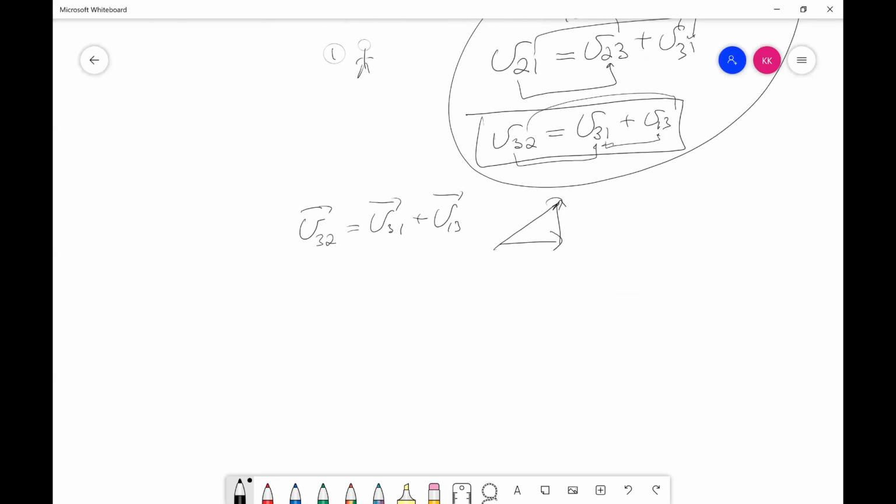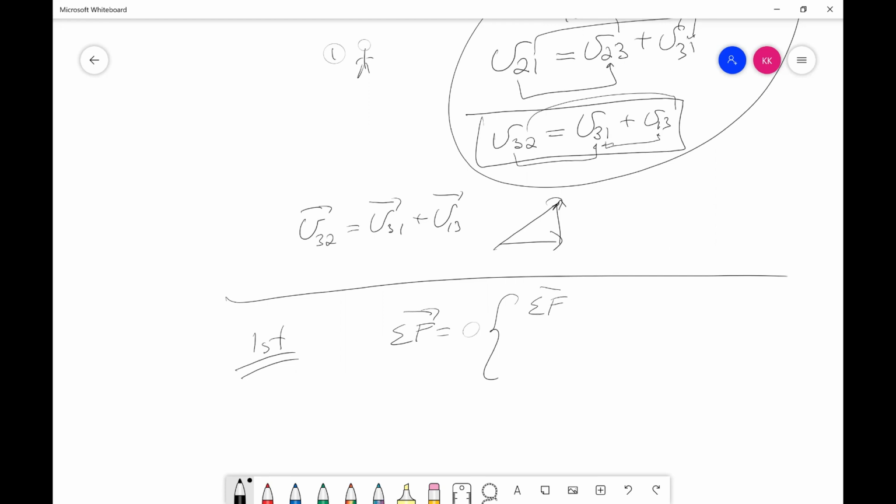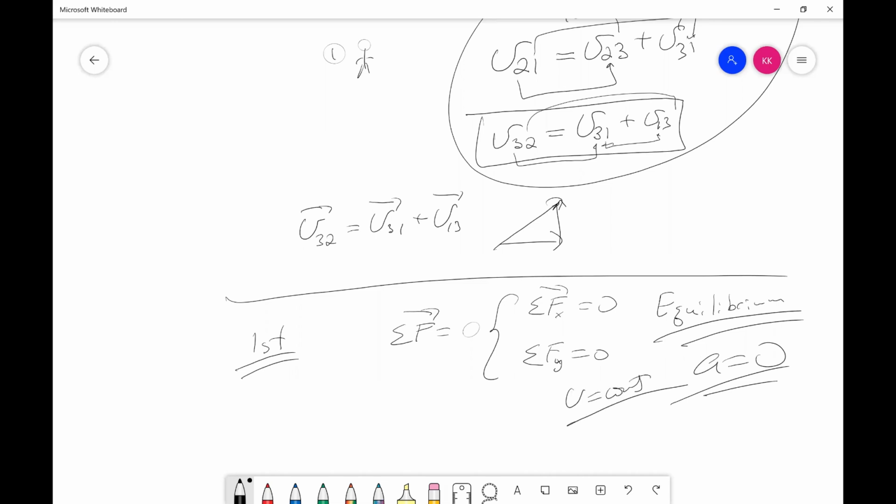All right, so I imagine that's the freshest in your memory. So we have, the first law is equilibrium, right? Where the net force equals 0. Means that we are looking at the net force in the x direction equals 0, net force in the y direction equals 0, which we learned means that this is an object in equilibrium, which has no acceleration, there's a constant velocity.